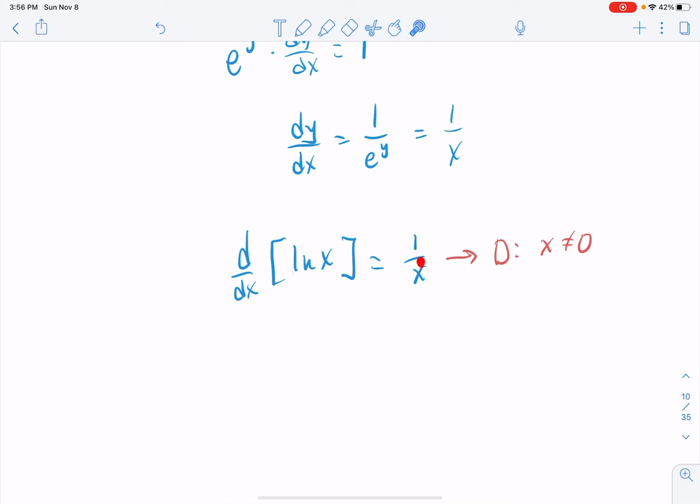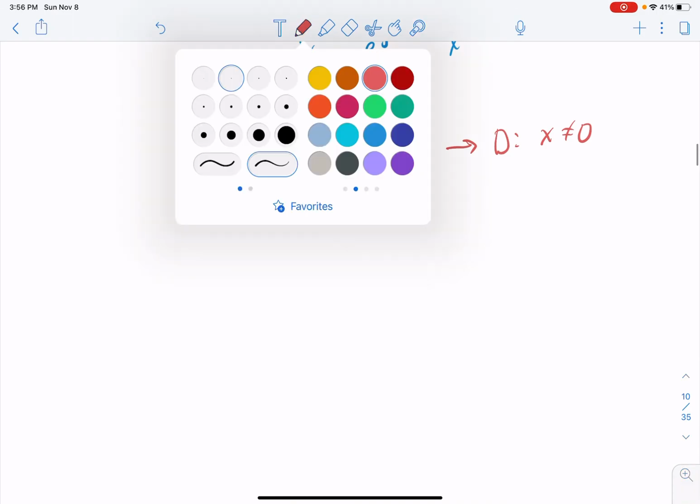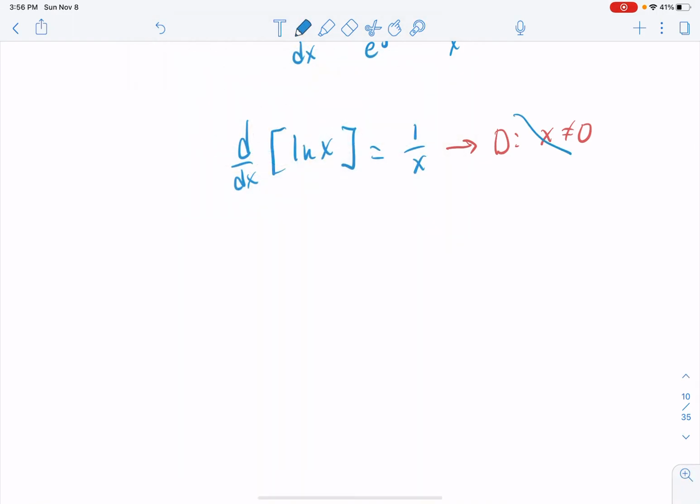Remember, this is supposed to give you the slope at every single one of these points. So if the original function is not defined for some values, neither will its derivative. So that means, of course, that the derivative should have the same domain. In this case, x is greater than 0.